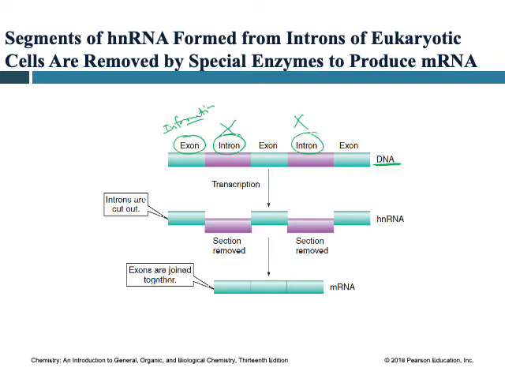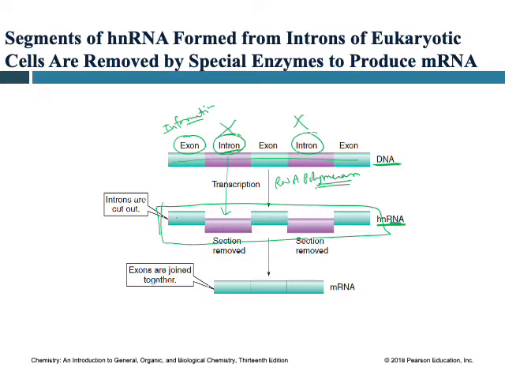But during transcription, RNA polymerase copies everything, and the RNA molecule called heteronuclear RNA contains information from exon and intron, right? But intron doesn't contain any information, so we don't want any of the information from intron in the RNA molecule.